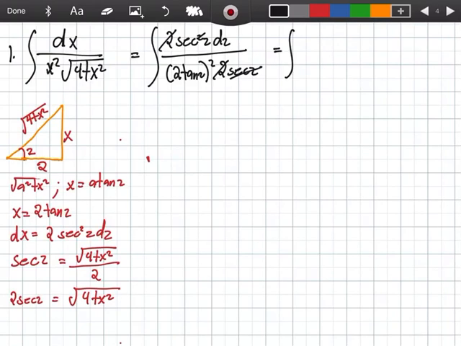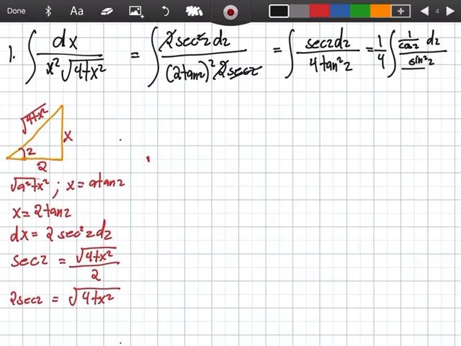So it becomes secant z dz over 2 tan squared z, which is 4 tan squared z. This is equal to 1/4 the integral of, since the reciprocal of secant is cosine, cosine z dz, and then sine squared z over cosine squared z.